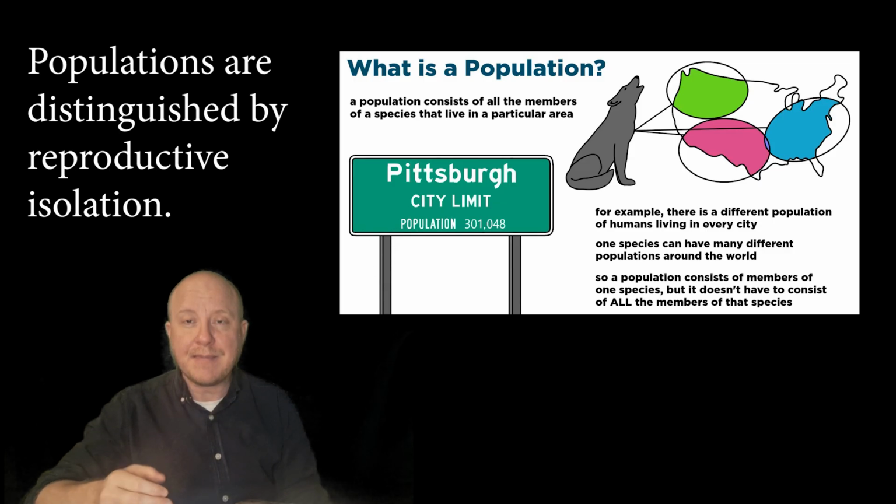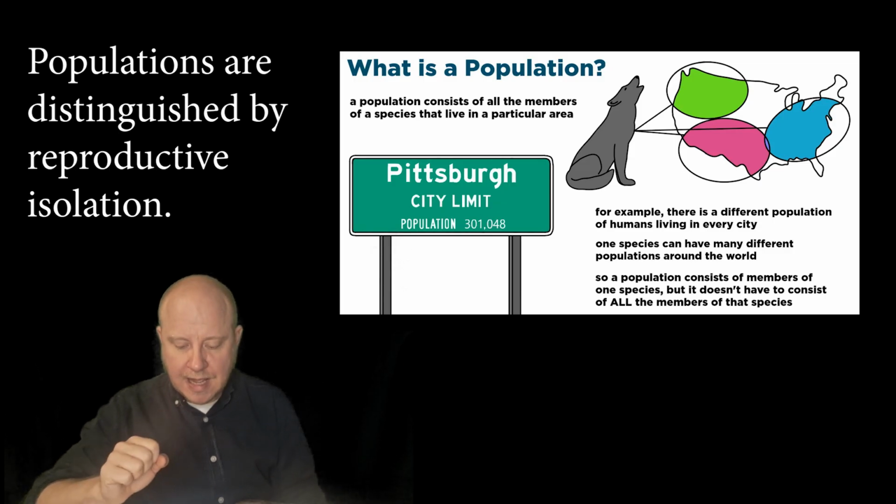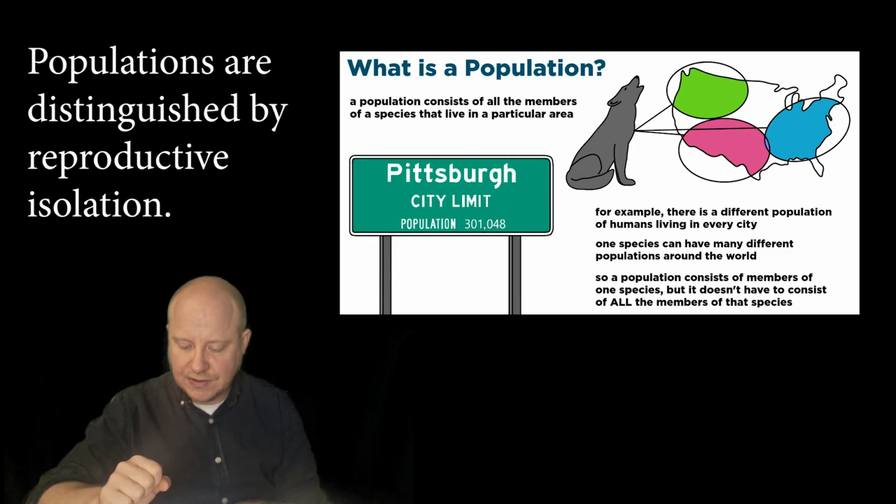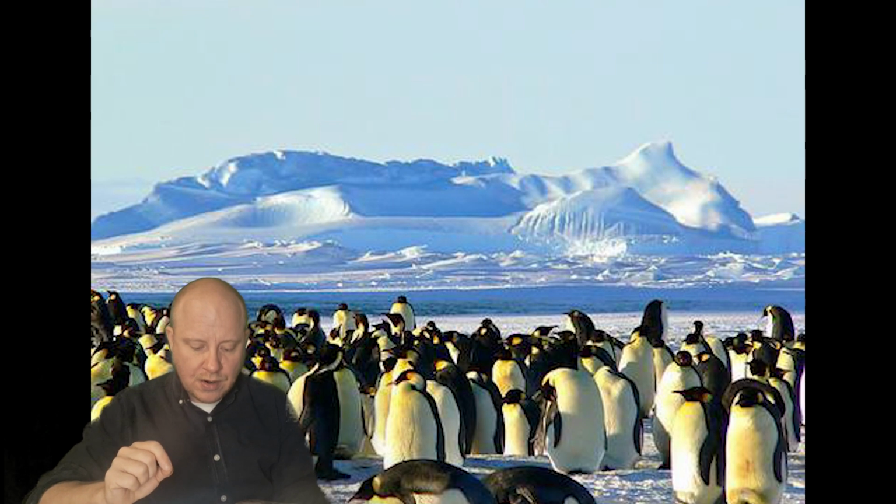In biology, a population is defined as a group of individuals of the same species living in the same geographical area at the same time and able to interbreed. Here are a few examples of populations.